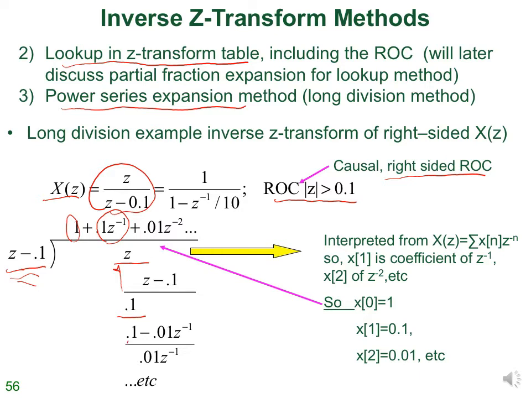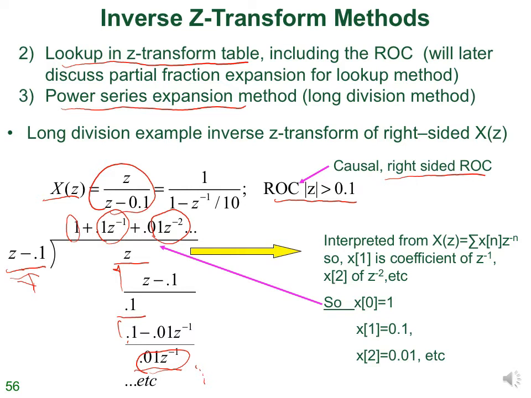And this goes on infinitely, but I can see the next value is 0.01 z to the minus 2 will have to be the next multiplier. And so at the numerator, I can read directly off the values of x of n, because the definition of the Z transform is that x of n multiplies z to the minus n.